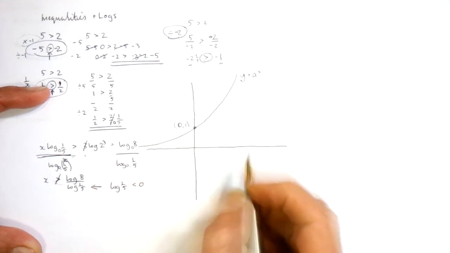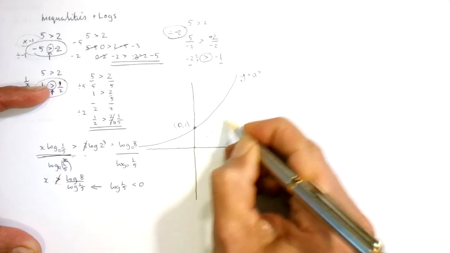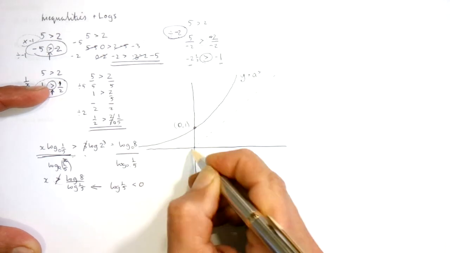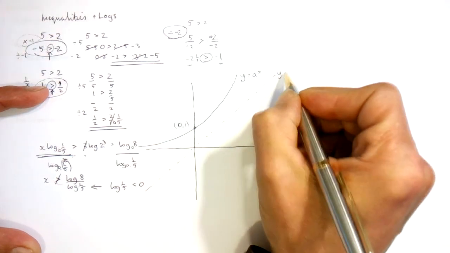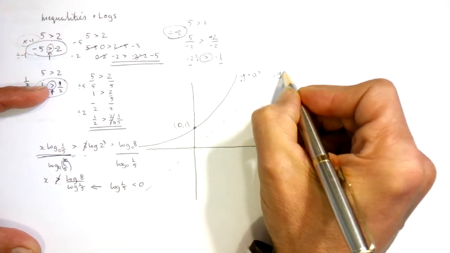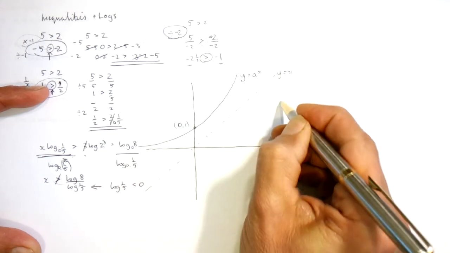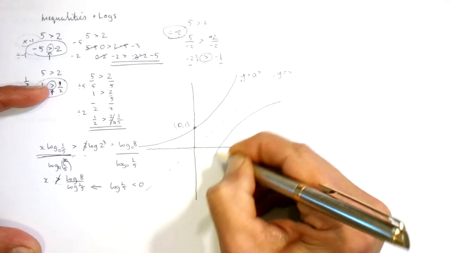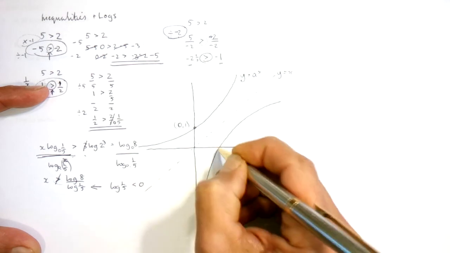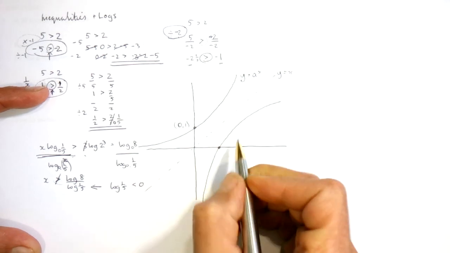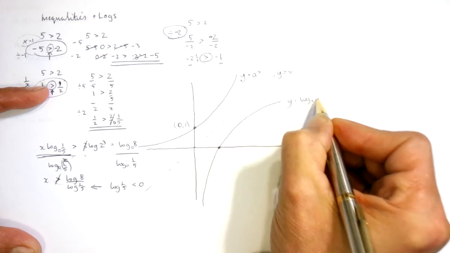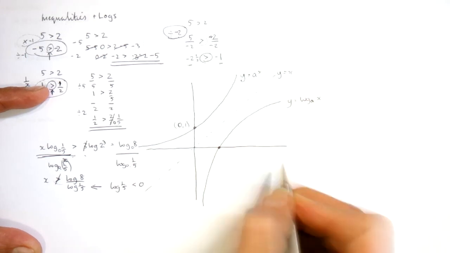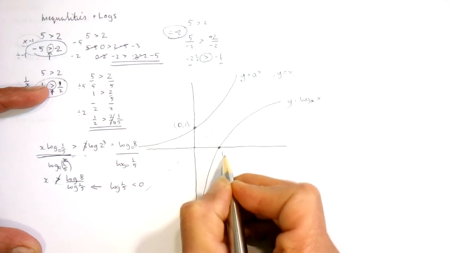To get to the inverse of a to the power of x function, we reflect this graph in the line y equals x. And when we reflect that graph, that's not a bad reflection, Steph, well done, then we get y equals log base a of x. And this point will be 1, 0.